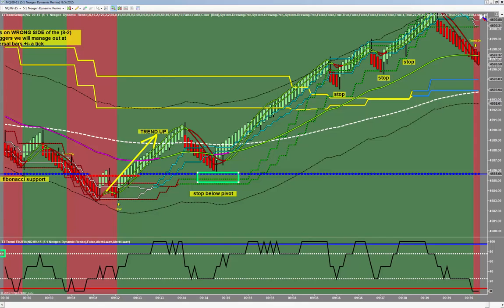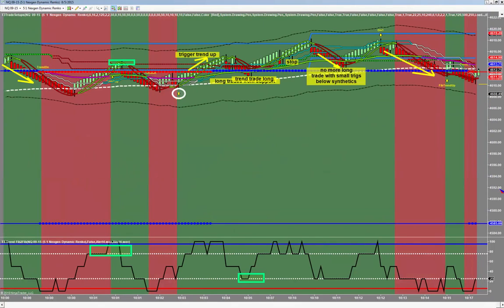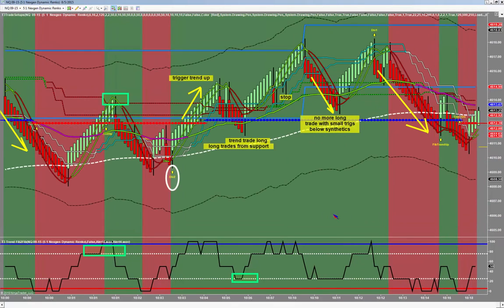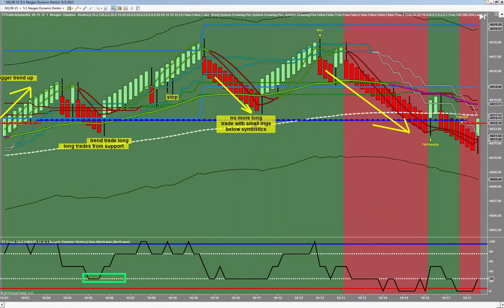Then when we get back to over here, where you were asking why do we not have a long trade, our small triggers violated both the 8-2 and the 12-3 triggers. Let me do this. I'll make it clearer. So once both of our trigger lines got below both of these synthetic triggers, the chances of that market continuing to the upside become less.